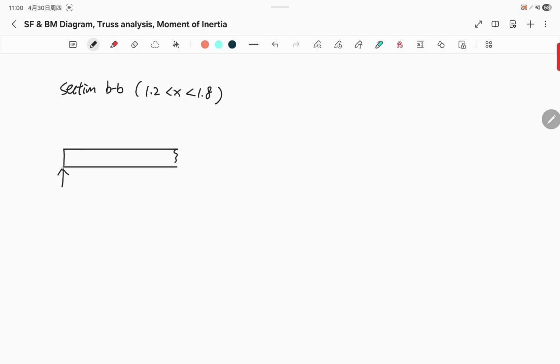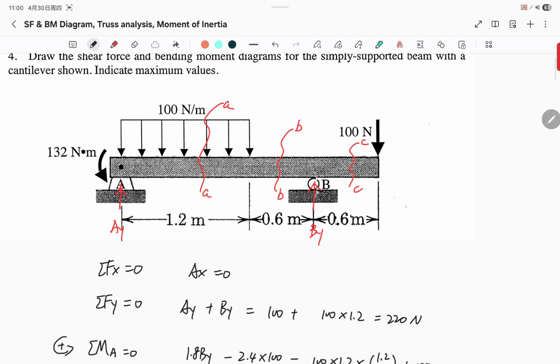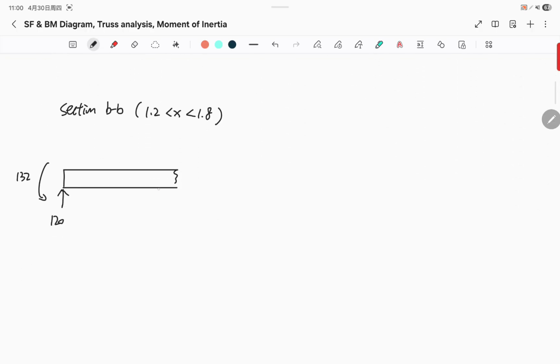We always draw from the right hand side, from origin. We have the distributed load. Let's say here is, and then from here to here we have 1.2 meter.